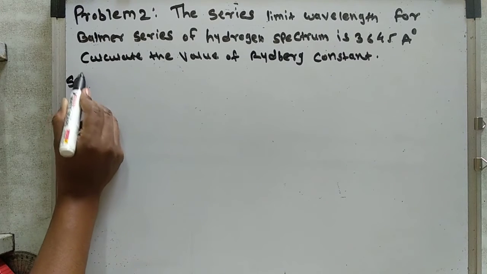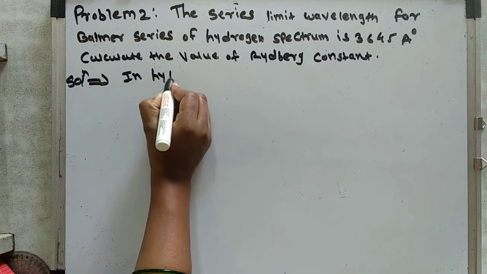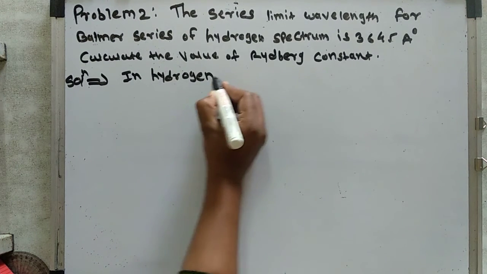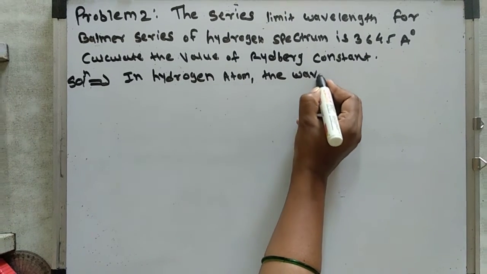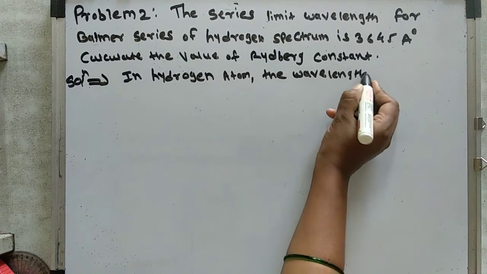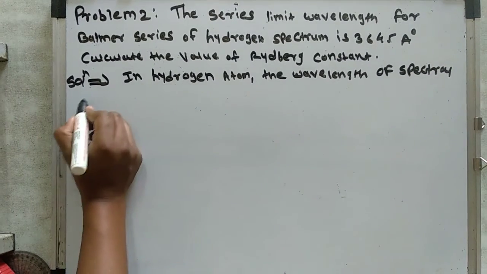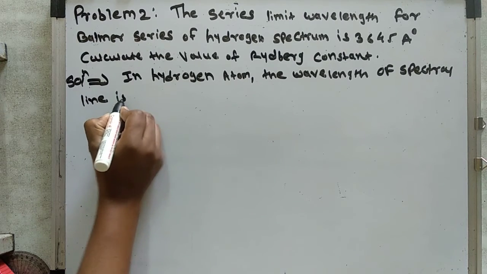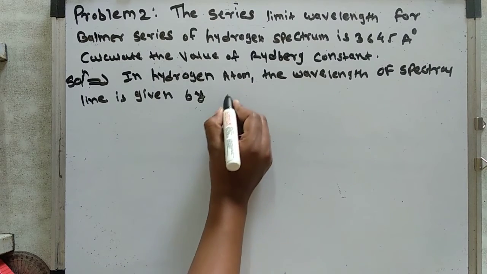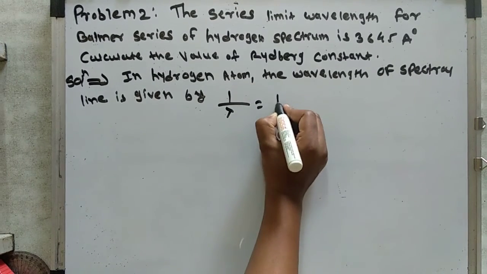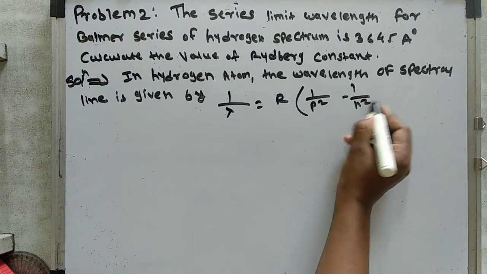Solution. In hydrogen atom, the wavelength of spectral line is given by 1 upon lambda is equals to R into 1 upon p square minus 1 upon n square.